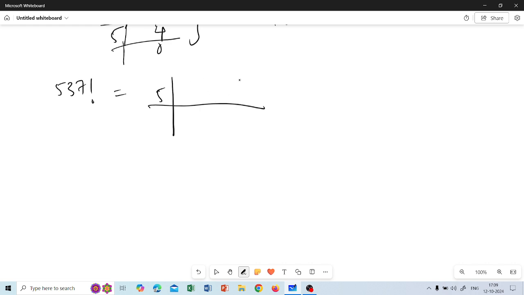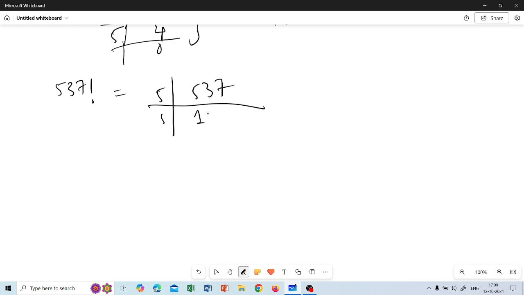Similarly, using this formula, not only can you find the number of trailing zeros, but suppose they ask to find the highest power of 3 or highest power of 7 or any prime number in such a big number, you can use that formula. So not only related to trailing zeros, you can use it, but here I am going to consider only trailing zeros. So 5, I'll write 537 here.